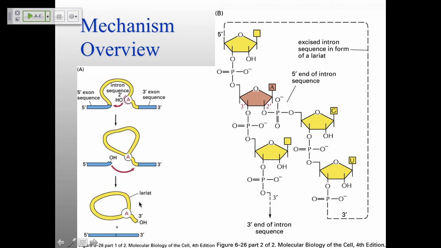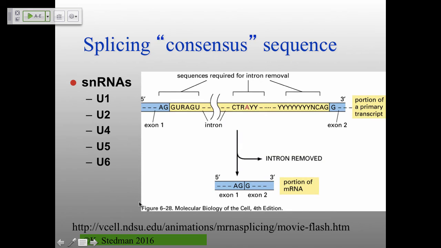What do those sequences look like? We talked about consensus sequences last time, even the time before, where you line up lots of sequences where we talked about promoters, and the most common nucleotides you find at particular positions, those are going to be the ones that you have most of your interactions happening with. Well, if you have a consensus sequence for splicing, the problem is that you have a very poorly conserved set of sequences which are there.